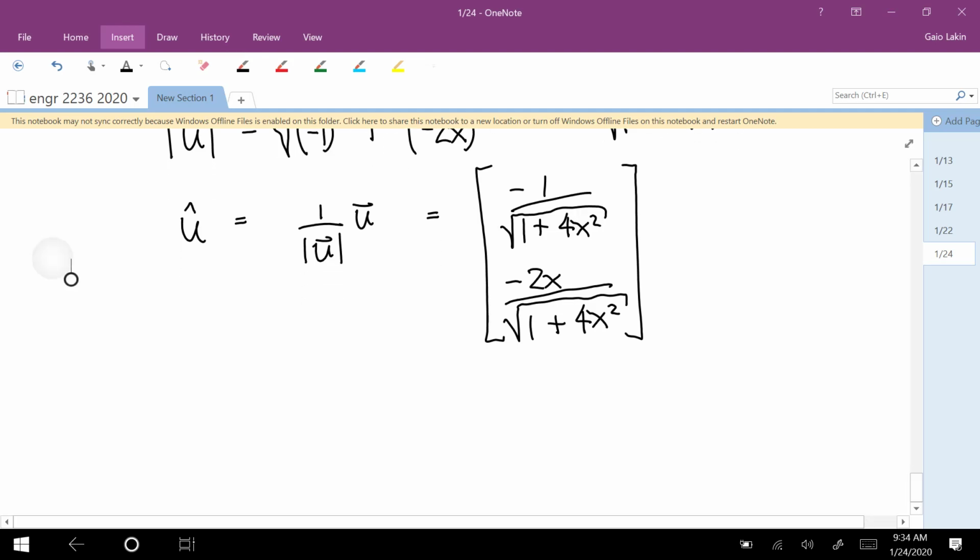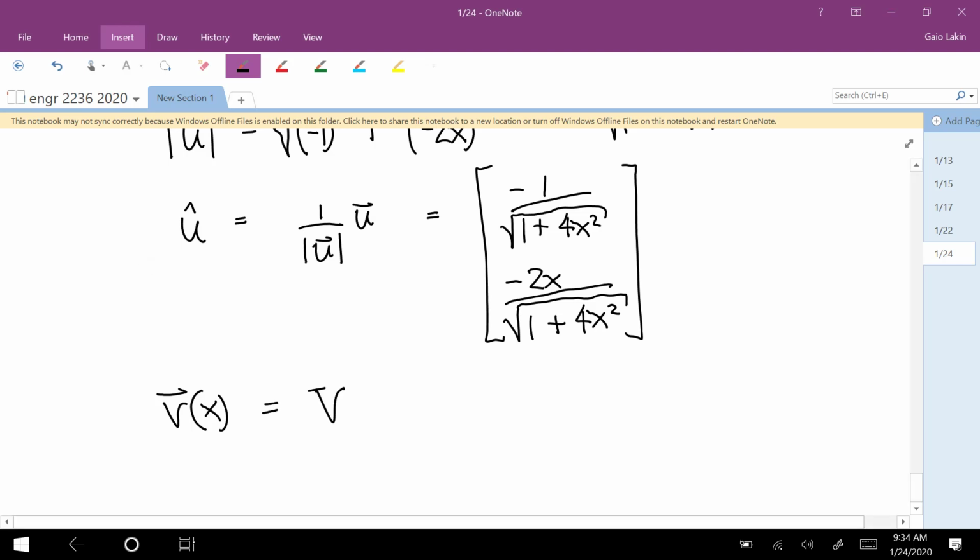And so now the velocity vector as a function of x is just this times the speed, because this is a unit vector in the direction. So all we have to do is multiply by the magnitude of the velocity, which is the speed, and we get the velocity vector.